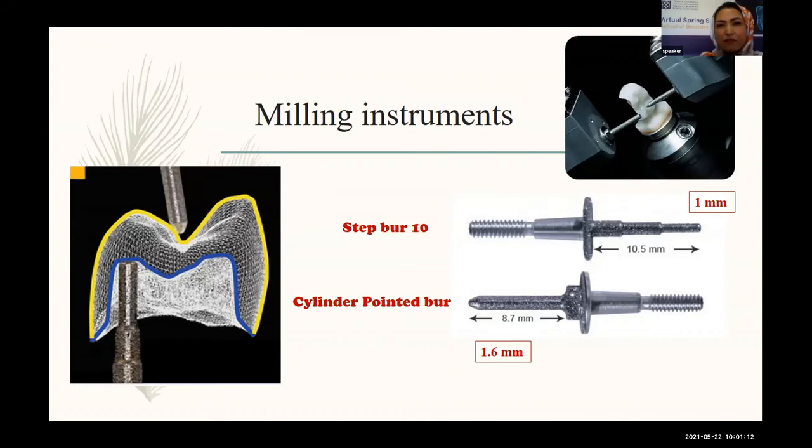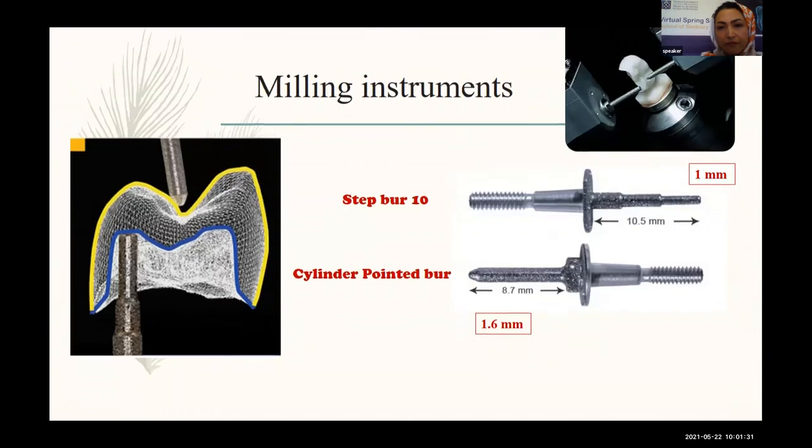It can be different in other milling machines, but the philosophy behind it is the same. The stepper, as you can see at the top of the picture, is responsible for milling the intaglio, I mean the fitting surface of the restoration, and the other bur mills only the occlusal surface.